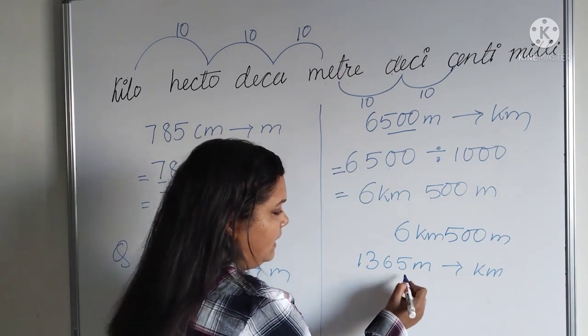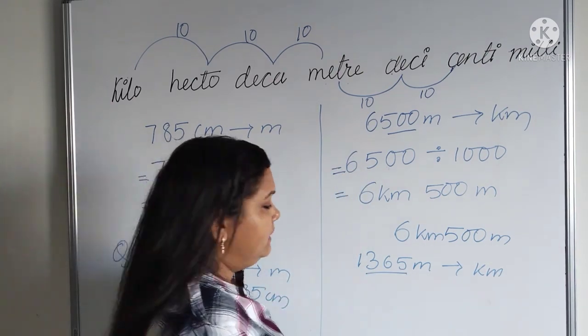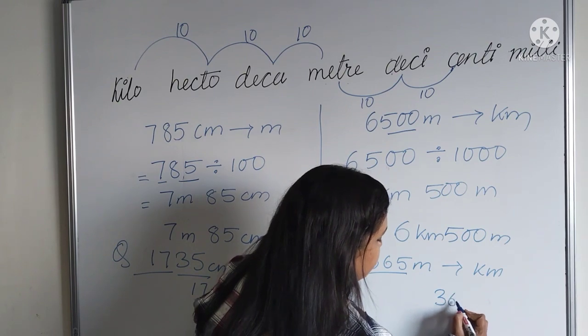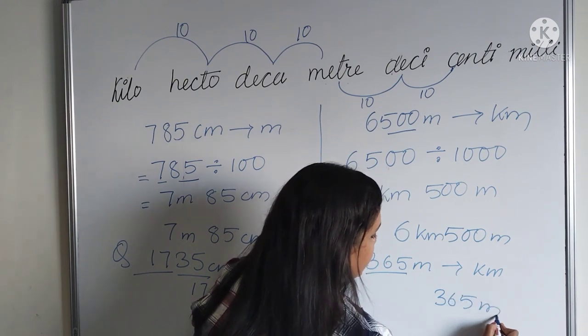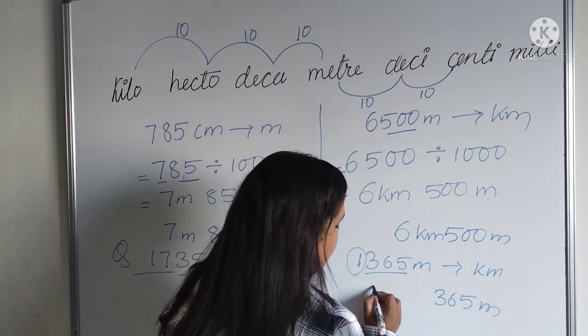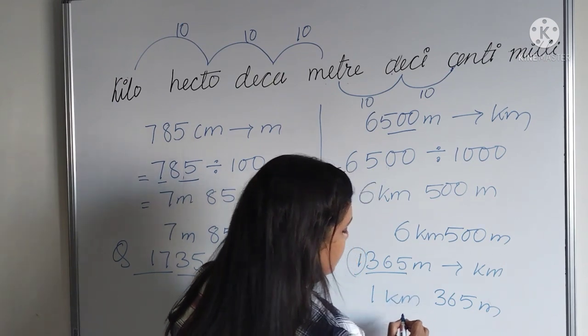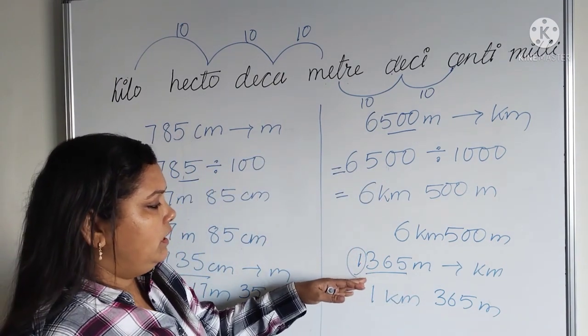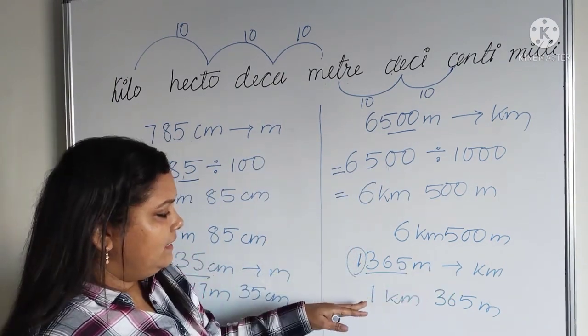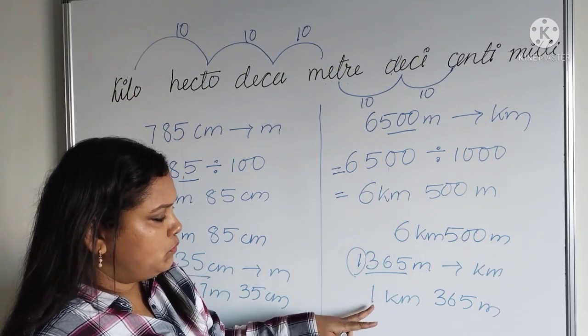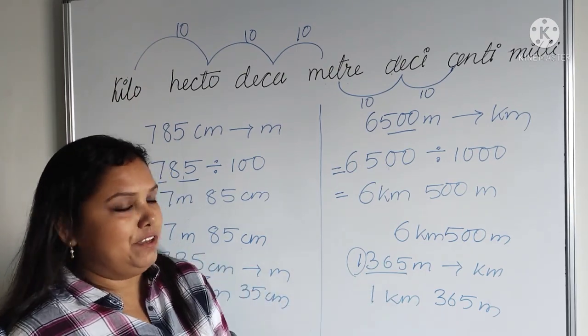As I said, last 3 digit will be meter. That means 365 will be meter, and the remaining this one will be kilometer. So in one go you can decide that this is equal to 1 kilometer 365 meter.